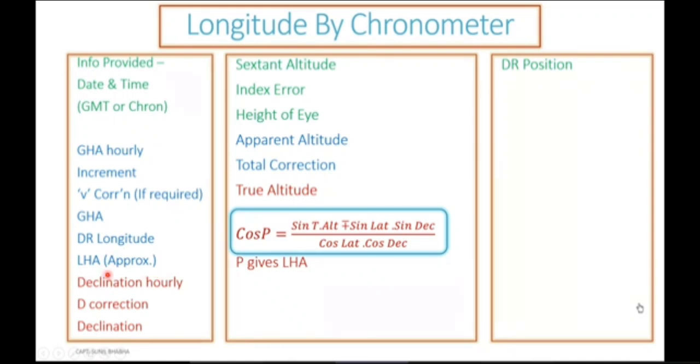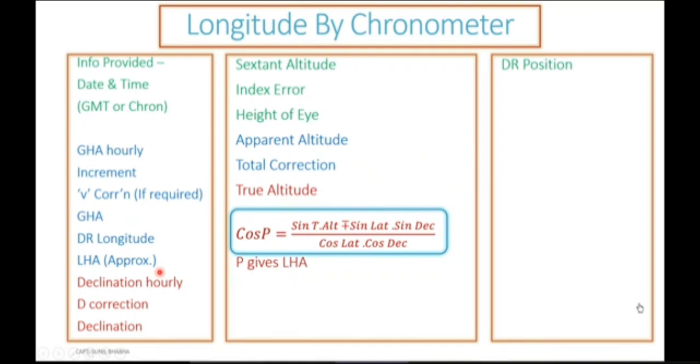Now have a look at the approx LHA. If the value of P is close to this approx LHA, that tells you that P will be equal to LHA. And if the value of P does not match at all with the approx LHA, you do 360 minus P, and whatever answer you get will match with your approx LHA value.